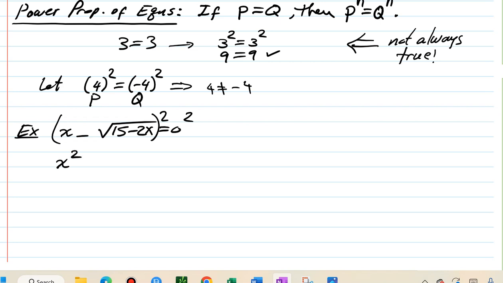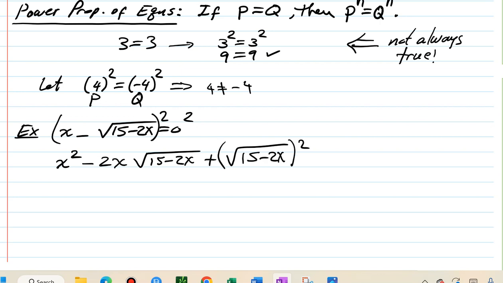So it's going to be x squared, negative twice first by second, plus second one squared. Now the second one squared is the radical. This is fine. When you square a square root of something, you just lose the radical.